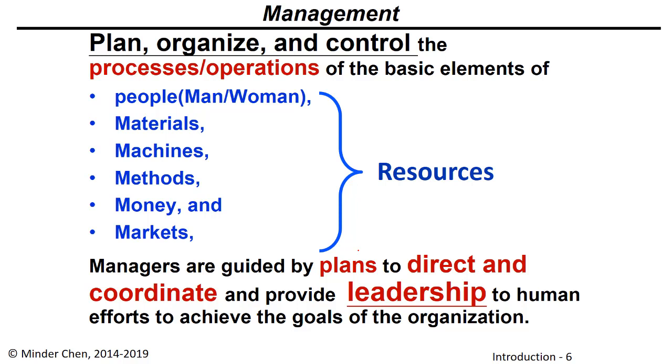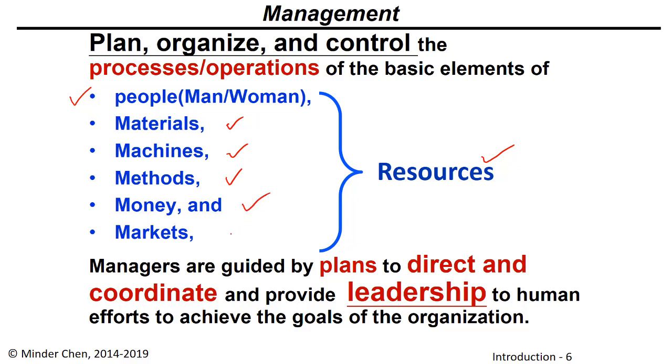Management, from the functional aspect, includes planning, organizing, and controlling the process and operation of the following basic elements, which are resources, including human resources or people, material, machine, and methods. Methods are about how we do things.